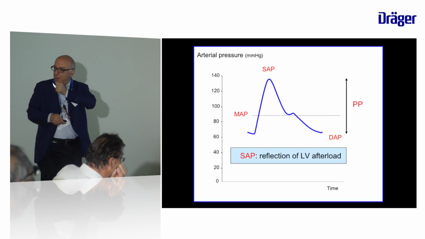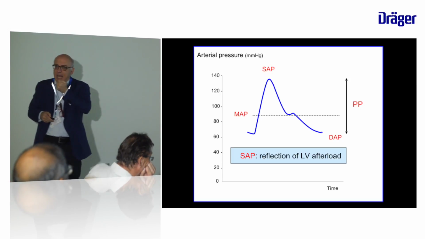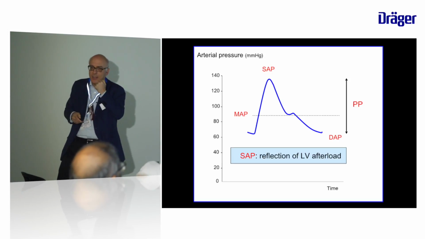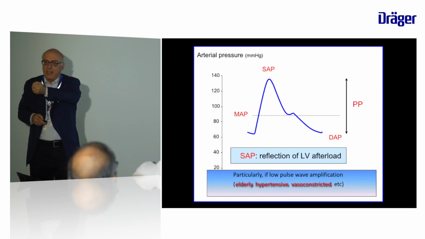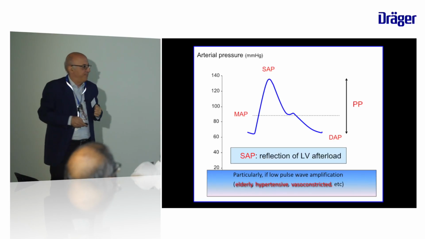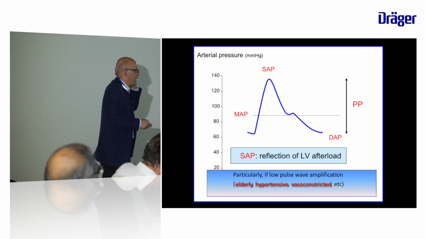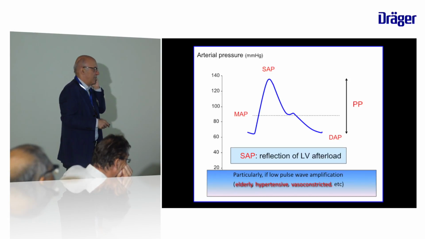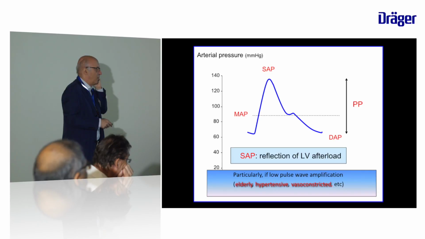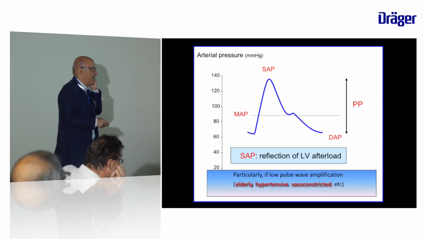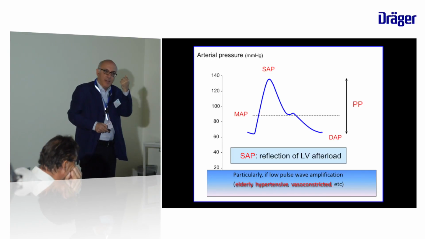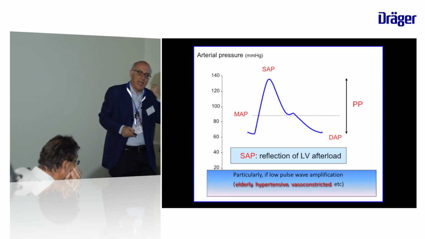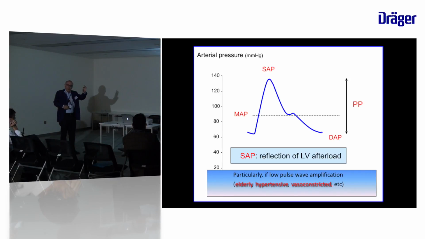So in the young person, the real afterload is lower than the pressure that you get in the peripheral. And in particular, the systolic is representative, particularly in the elderly, hypertensive, or vasoconstricted, because as I showed you, there is less amplification, and so the systolic is similar in the peripheral and the central.